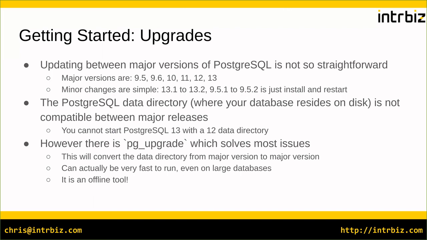It's important to note that this command is offline, so you can't do an online upgrade of Postgres using this approach. However, because of the way it works with hard links, it's actually extremely fast. So you can upgrade a multi-terabyte database in a matter of seconds, with some work to do once you start back up.